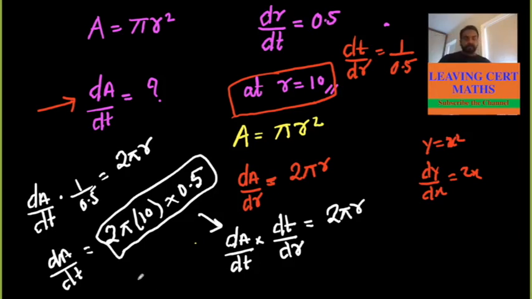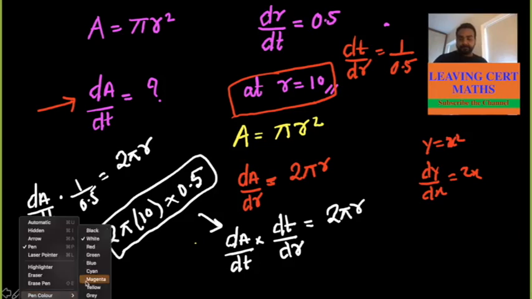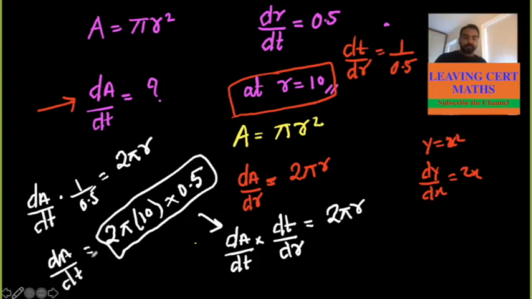Can you check the answer? Minus 10 pi. And what you are getting? 10 pi.